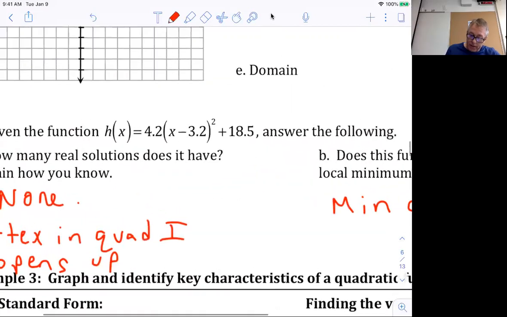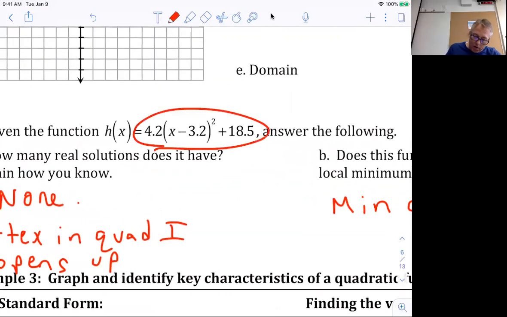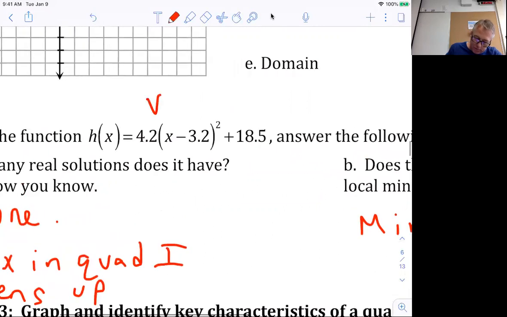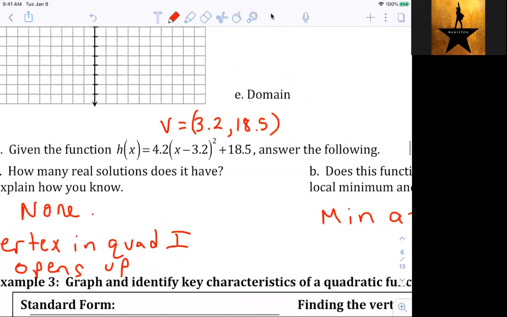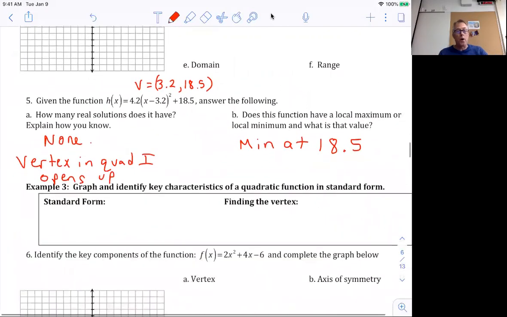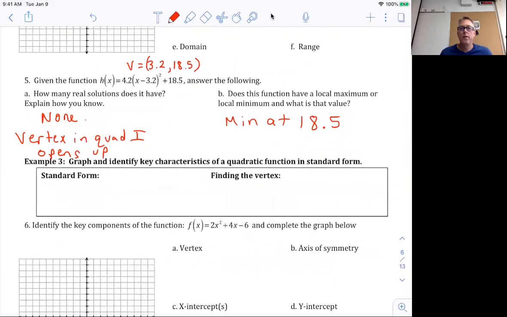So if you're looking at this, remember our vertex would be at the coordinate 3.2, 18.5, right? Oh, okay. Got it. You got it? So then it's going to open upward. So then this would be the minimum value. All right, this is good. Any other questions?